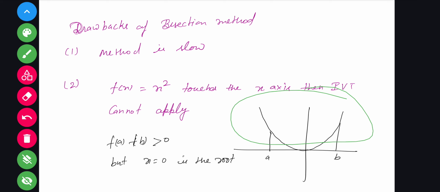The method fails in this type of equation. We know x equal to 0 is the root, but still we cannot find it directly by using the bisection method. That is one drawback.